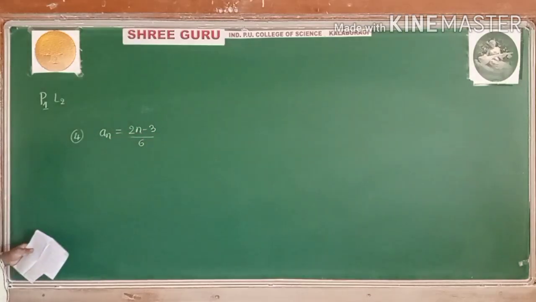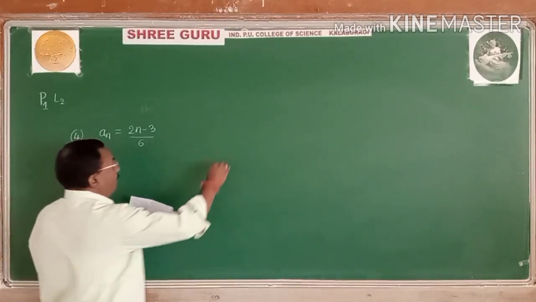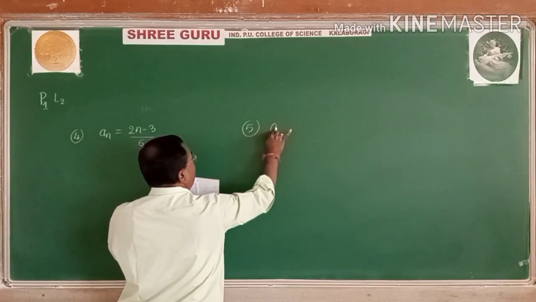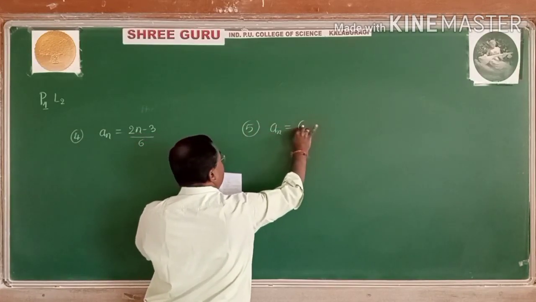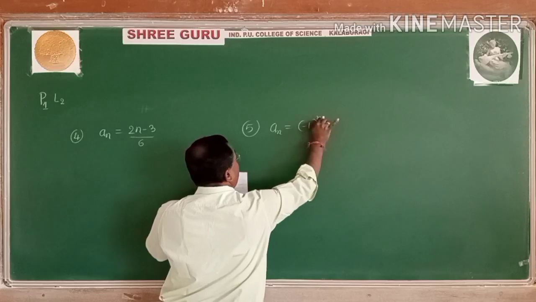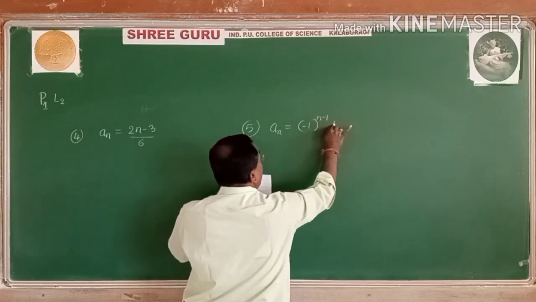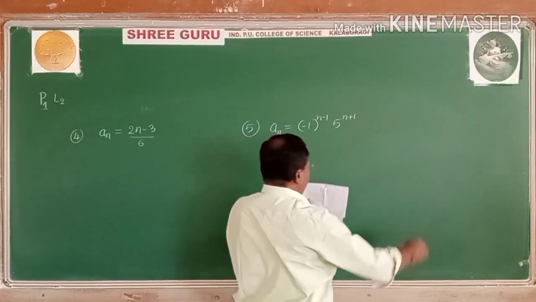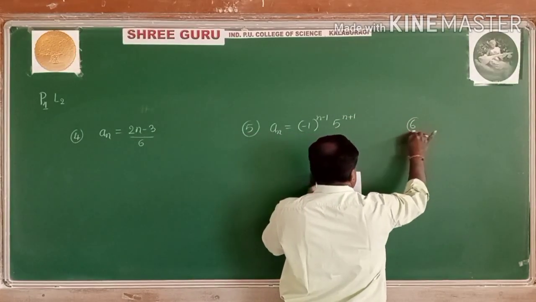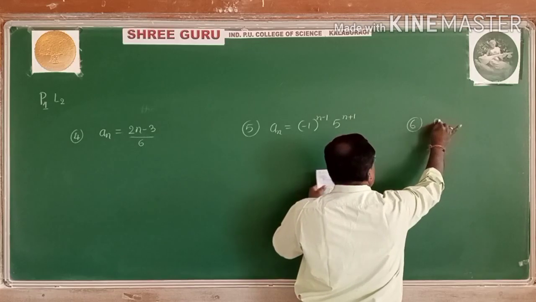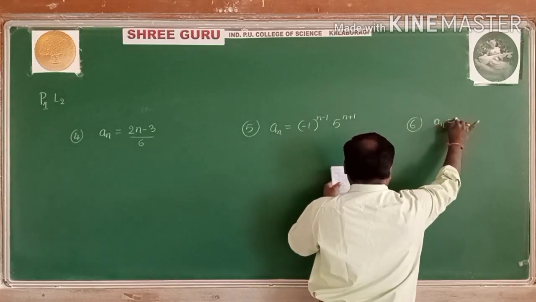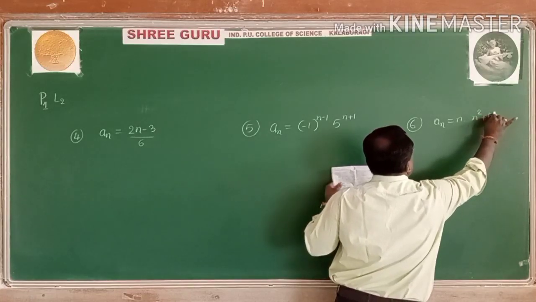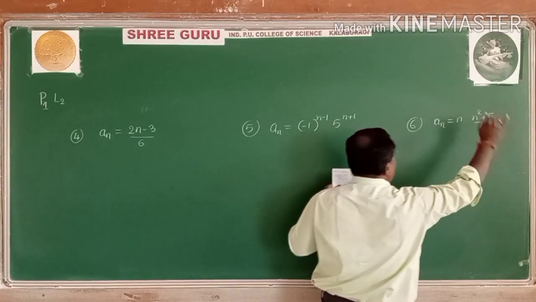And the fifth one, an is equal to (minus 1) to the power n minus 1, 5 to the power n plus 1. And the sixth one, an is equal to n into (n square plus 5) divided by 4.